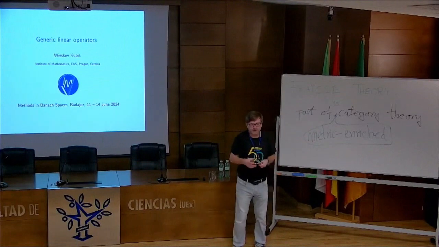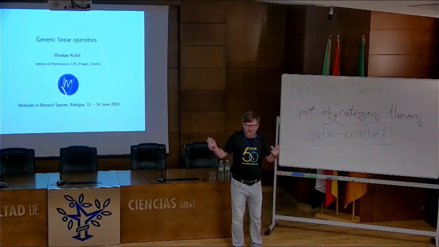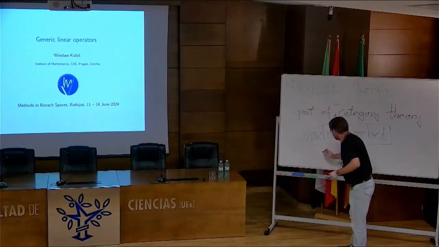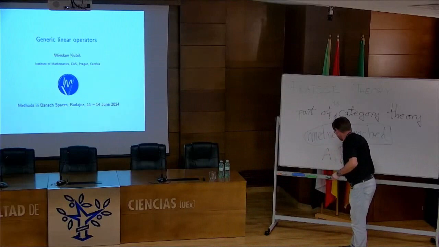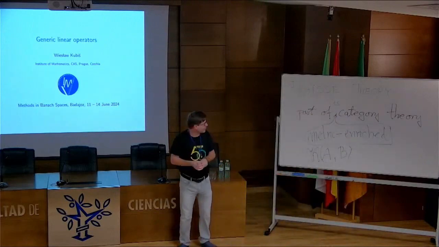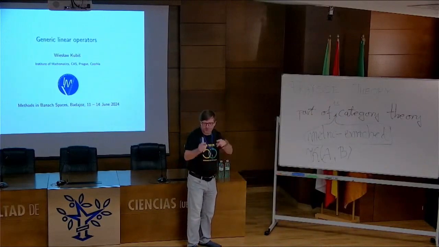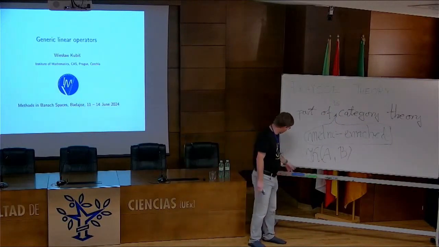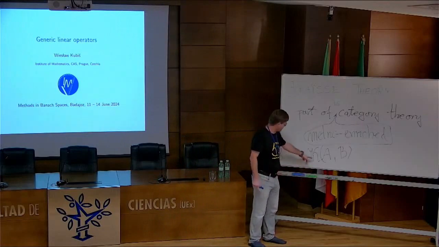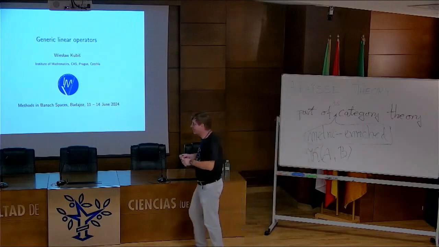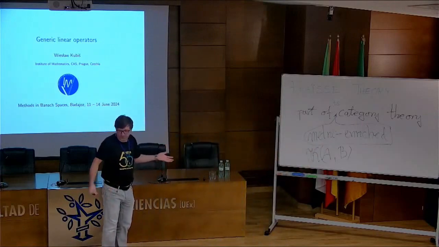Normally a category consists of hom-sets, right? You have any two objects, A and B, and let's say K is the name of a category. So K(A,B), some people would say Hom, or whatever. There are several notations. A more economical notation is just using the name of the category. These are all arrows from A to B, and normally this is a set.